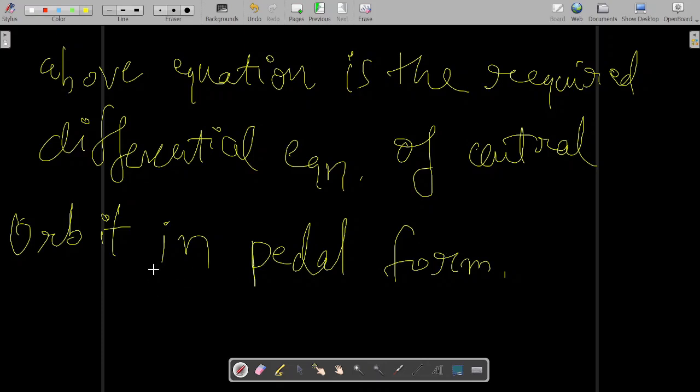And while deriving this pedal form, we have already also used the polar form.